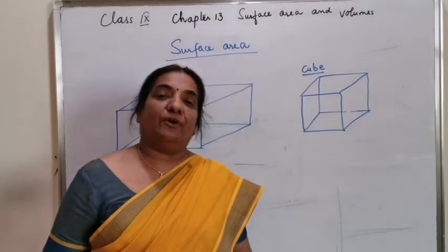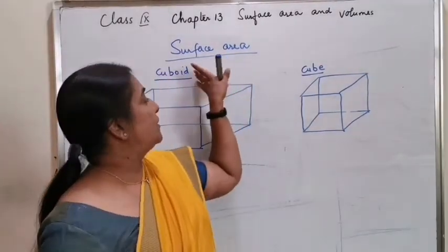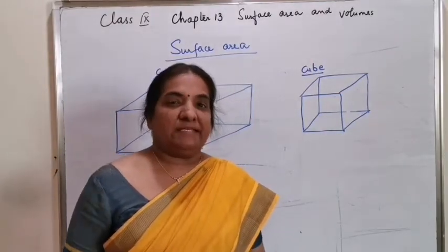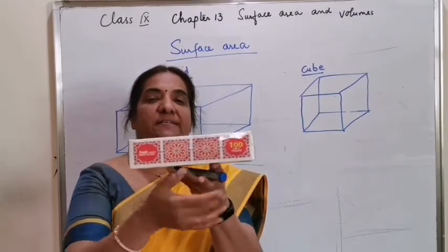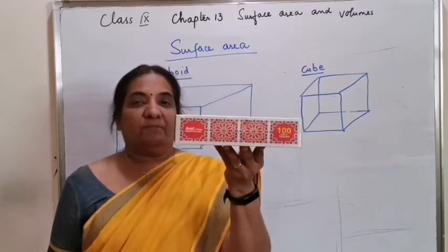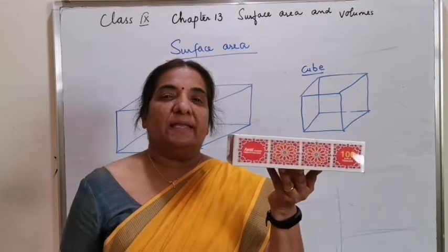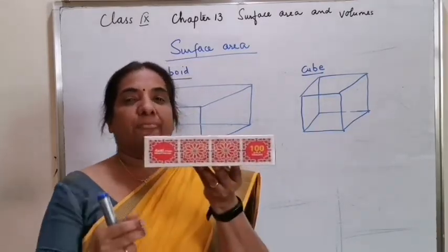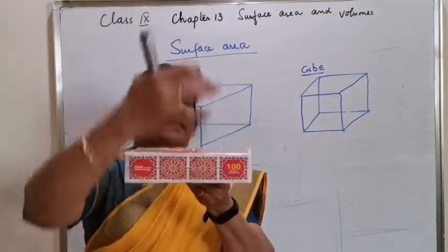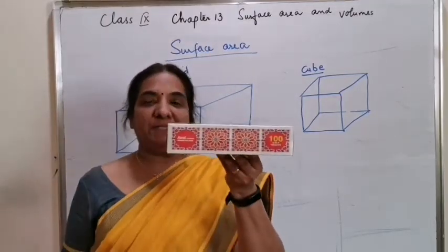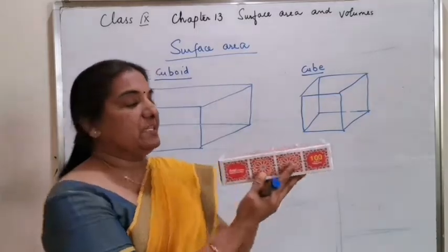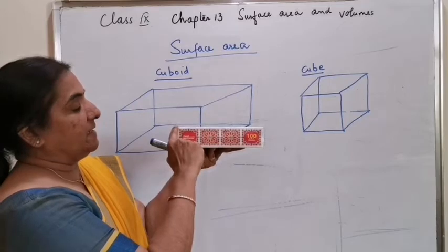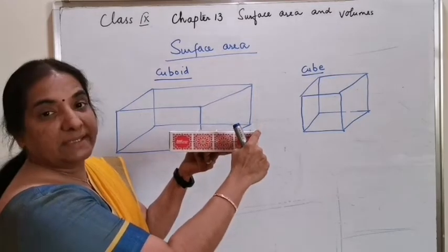Let us derive the formula for surface area of a cuboid and cube with the available material with me. The example of a cuboid is a tissue box or geometry box. Any of the boxes with the dimensions as length, breadth and height will represent a cuboid. In this tissue box, the length is from this vertex to this vertex.